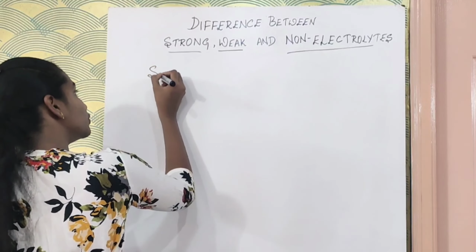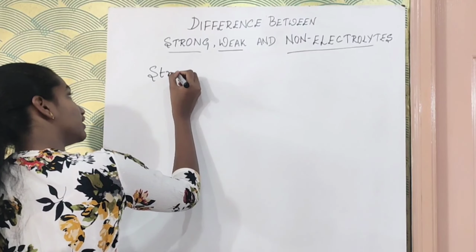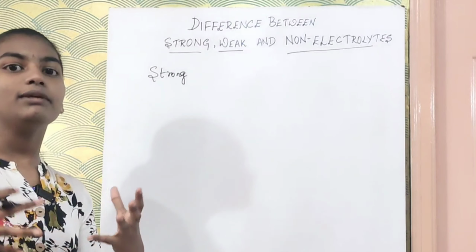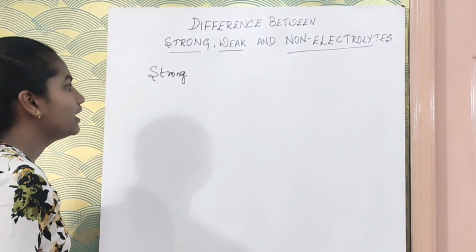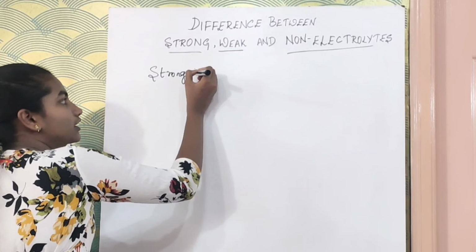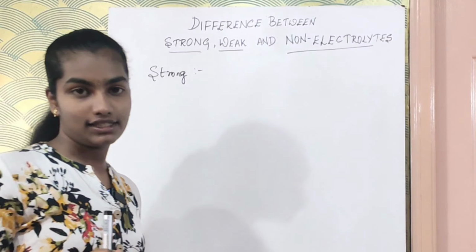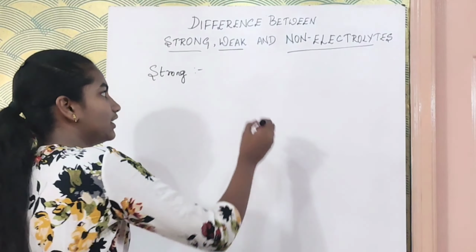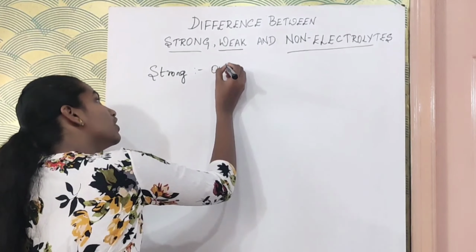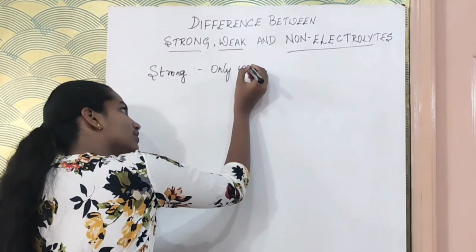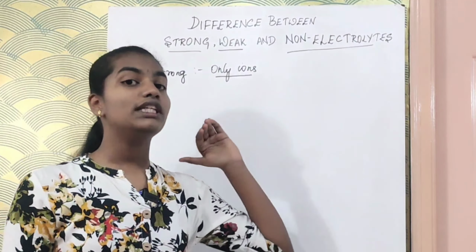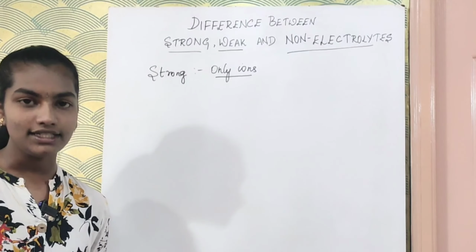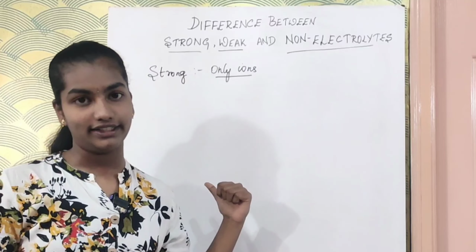Now what do you mean by strong electrolytes? What type of compounds come in strong electrolytes? If the compound is made up of only ions, very important, only ions, then it is a strong electrolyte.